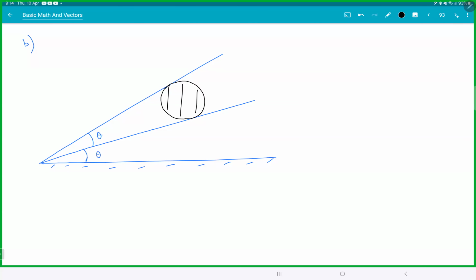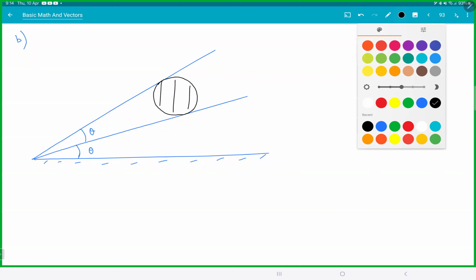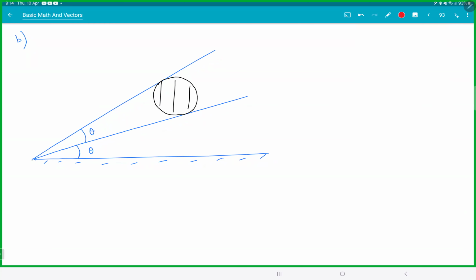You're getting how it is? The ball got stuck between these two inclines. This guy is pushing with a force of N1 and this guy is pushing with a force of N2.